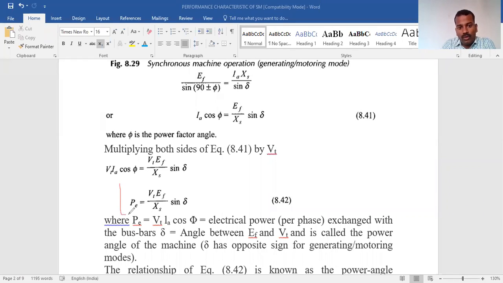This is a very important formula. Many numericals and many conceptual questions are raised in GATE and ESE on the basis of this formula. You have to remember it, and you have to understand it also.